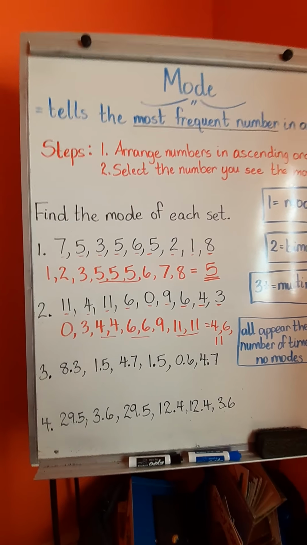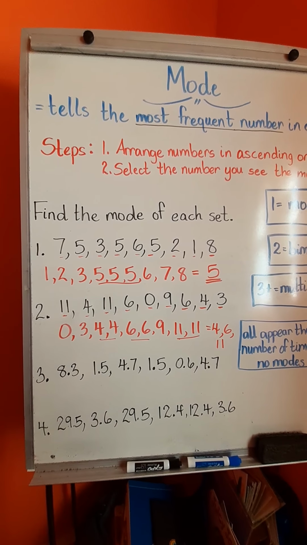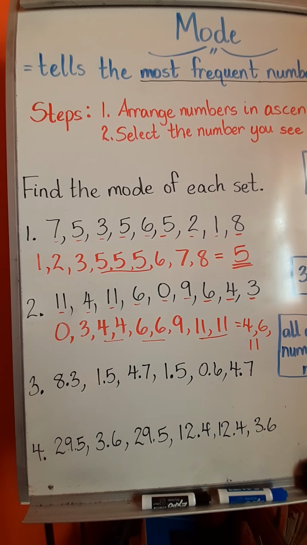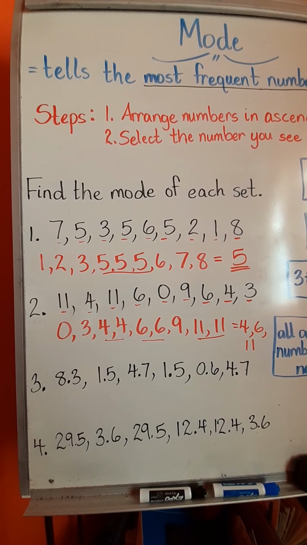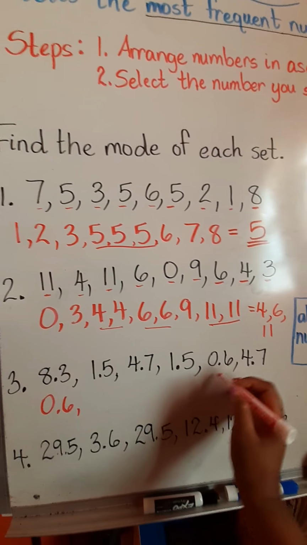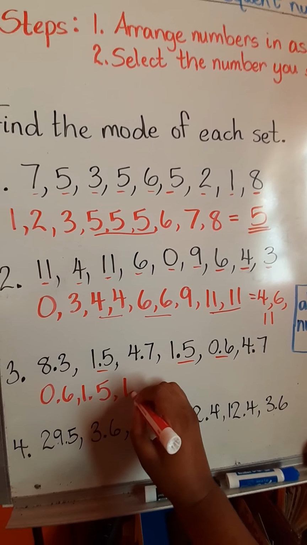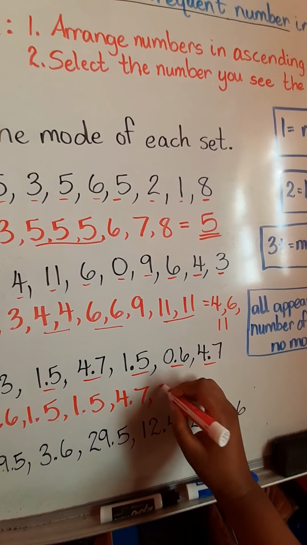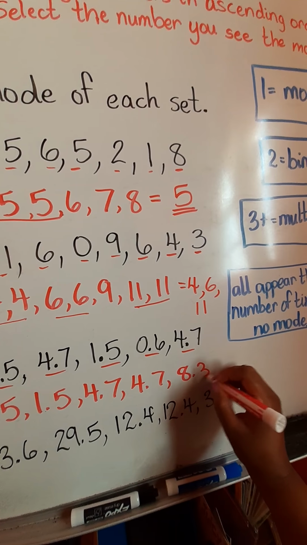Okay, let's look at number 3. This time I've used decimals. We have 8.3, 1.5, 4.7, 1.5, 0.6, 4.7. Let's arrange them in order. So we go from 0.6, go to 1.5, we have another 1.5, we have 4.7, 4.7, and 8.3.